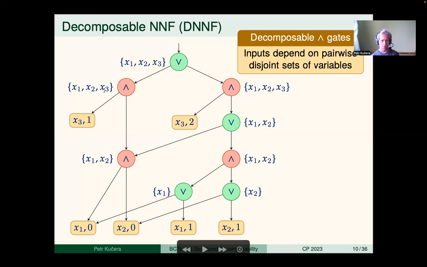In the top row, the conjunction gates depend on the three variables x1, x2, x3. Again, the left inputs depend on x3 and the right inputs on the rest of the variables. So the sets of variables associated with the inputs are disjoint.